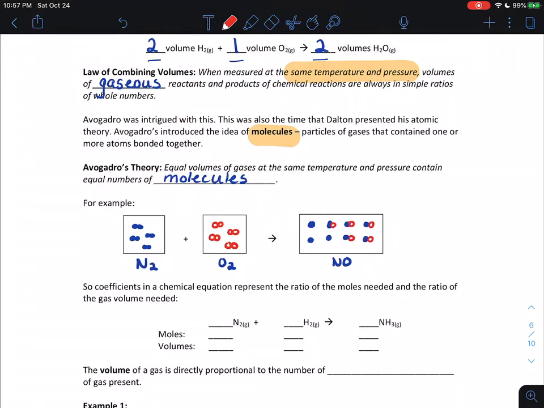So basically, bonds are broken, new bonds are formed, and there's my nitrogen monoxide. You can see that here I've got 4 molecules, here I've got 8, so my volume is doubled. And so I need that coefficient in here to show that if this is 1 volume, and I've got 1 volume of oxygen, then I'm going to produce 2 volumes of NO gas. Okay?